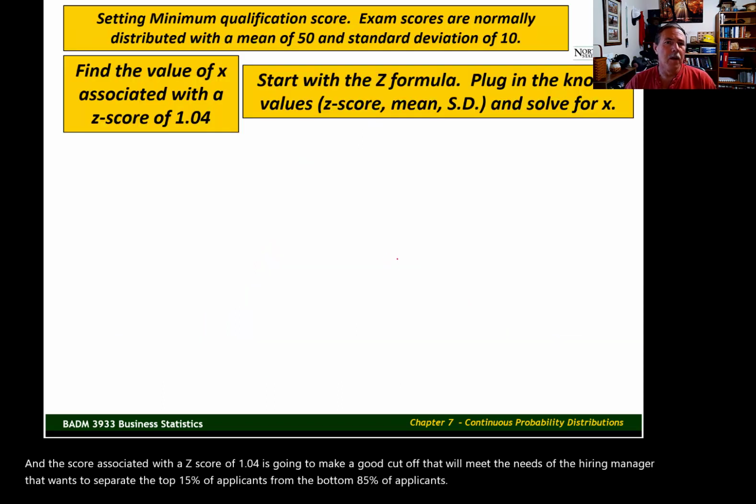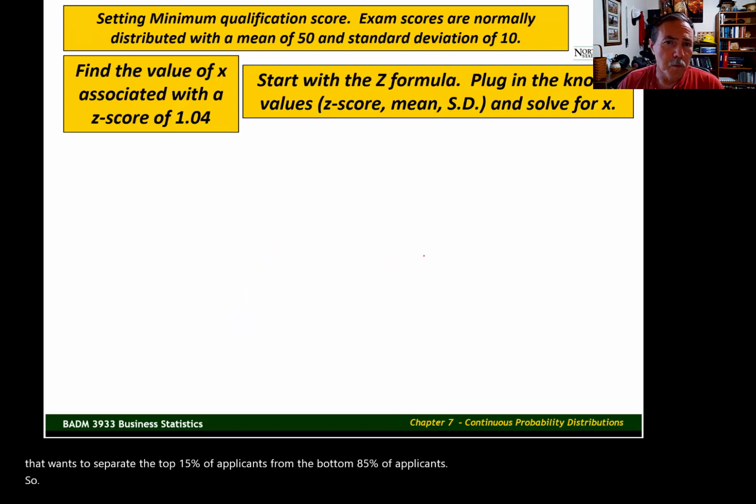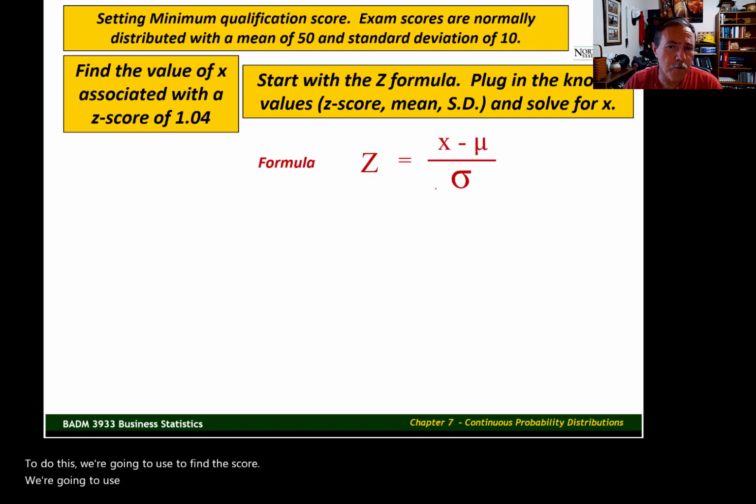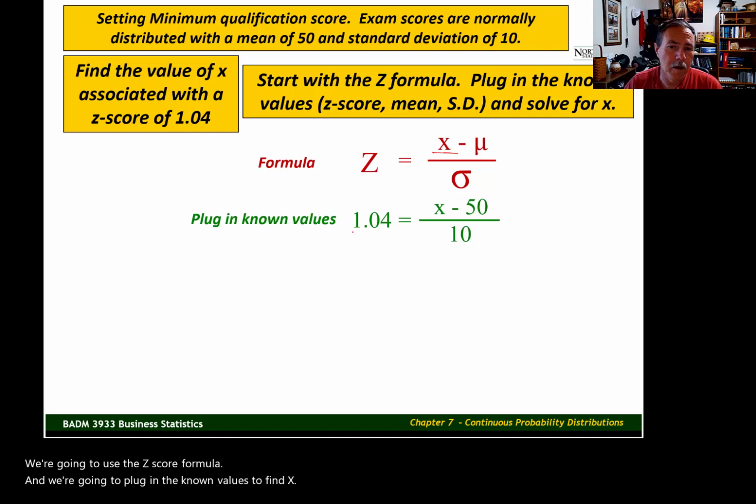To find the score, we're going to use the z-score formula and plug in the known values to find x. We have the z of 1.04, the standard deviation of 10, and the mean of 50.